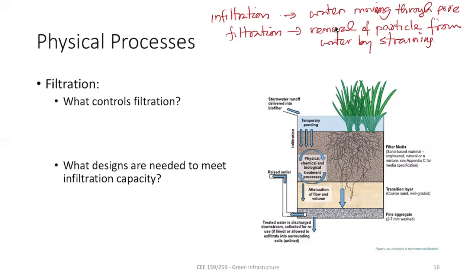So what controls filtration or infiltration? Both, because both are physical processes. Infiltration is determined by the hydraulic conductivity of the filter media. So infiltration depends on K, or hydraulic conductivity. And we know that from before.